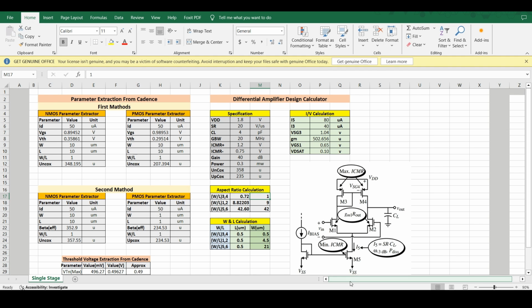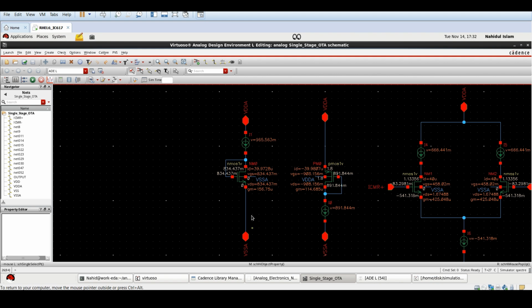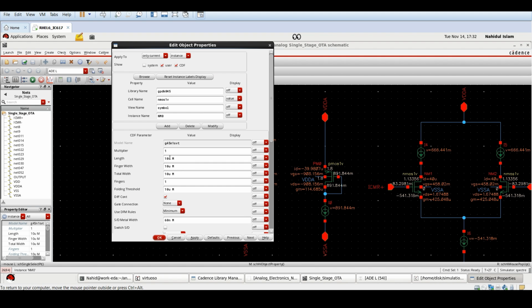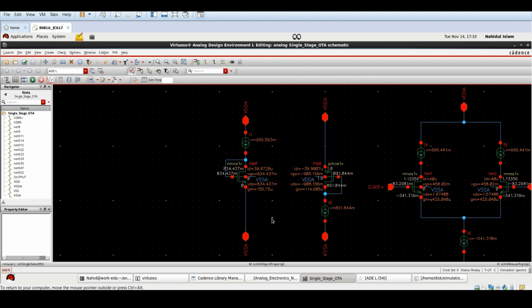And I have to set the W by L parameter to neglect the channel length modulation effect. Here I set the maximum length and width, which is basically 10 micro, to neglect the channel length modulation effect.